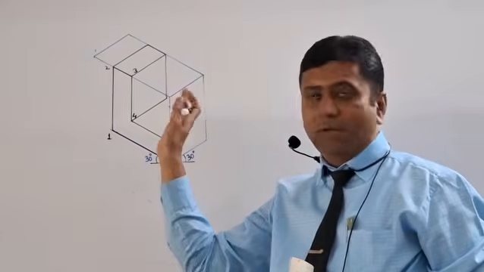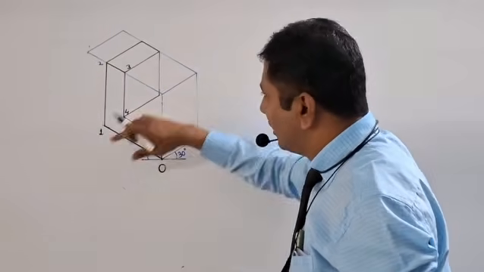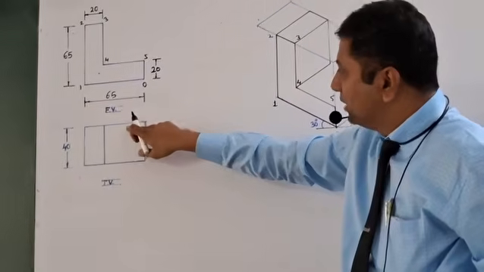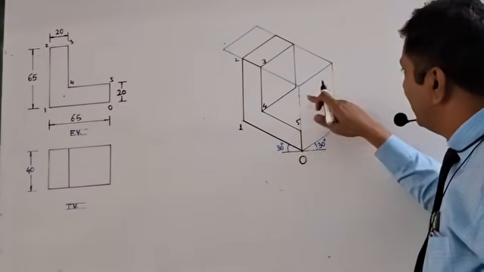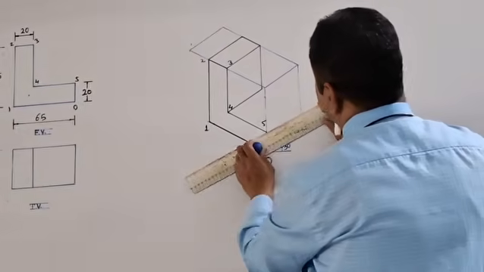Understood? This is the part of side view. Okay. But we have to create this part. Now I have created. Now this I have to complete. How to complete? Then again I have to take 40 here from this point.